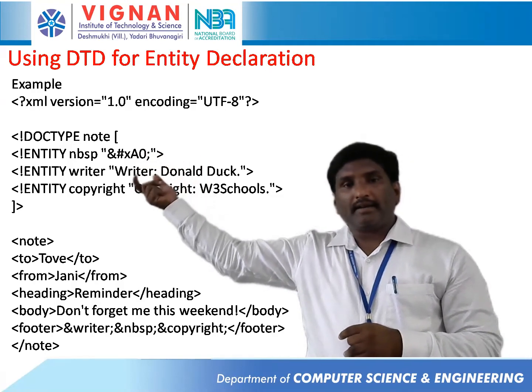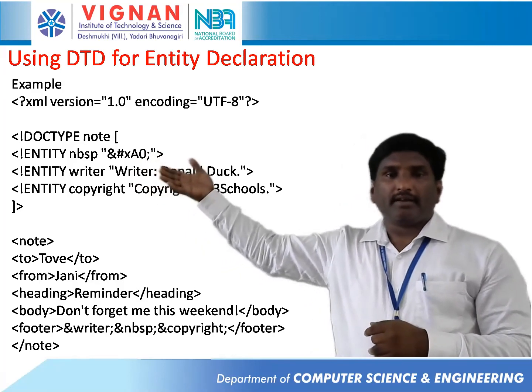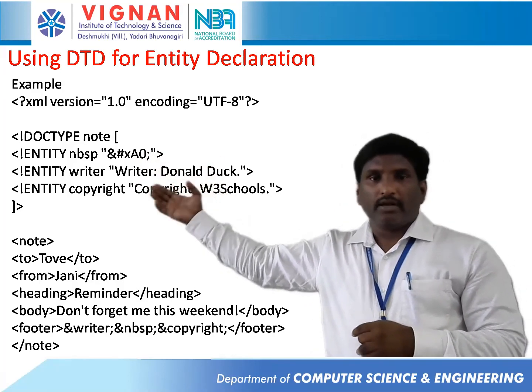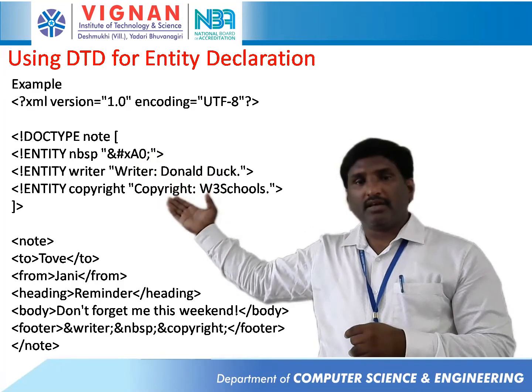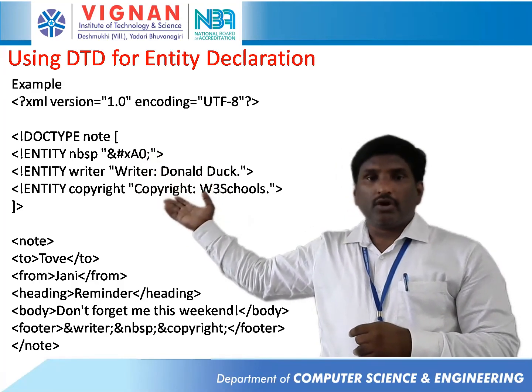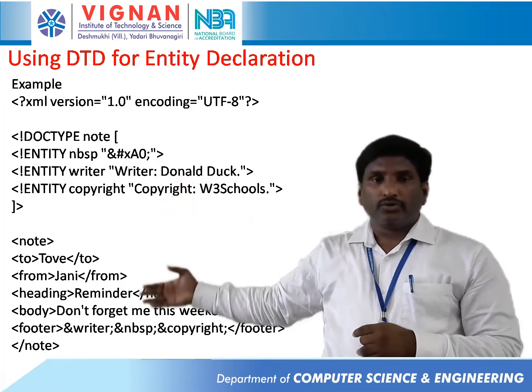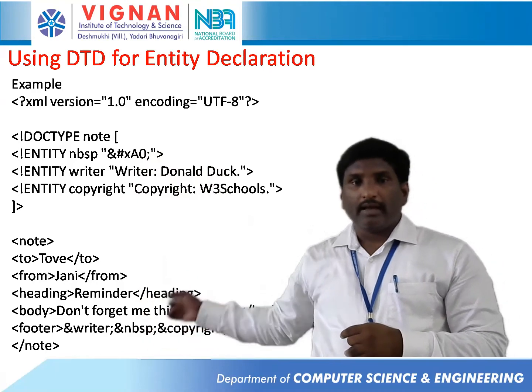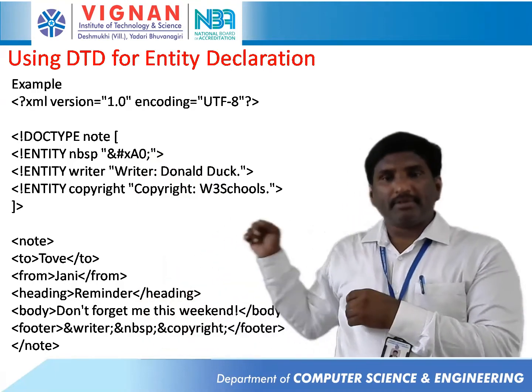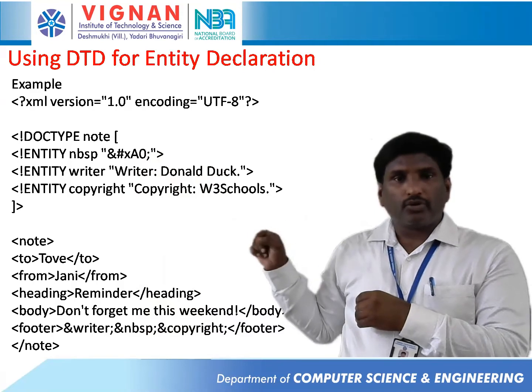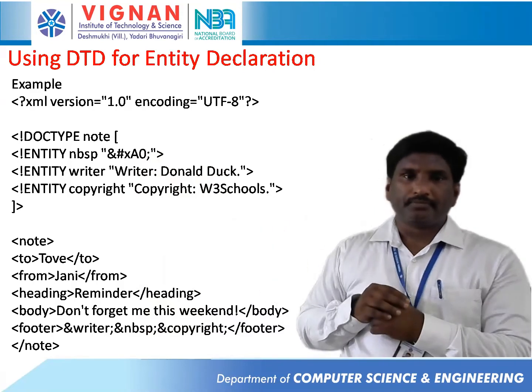Okay, and writer, the entity reference. This is the value. Copyright entity reference, this is the value. So instead of writing that, for these entities we use the ampersand. And what should we write? Ampersand, the name, for example writer, semicolon.